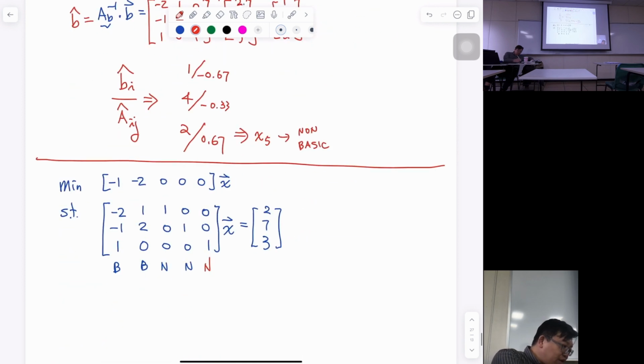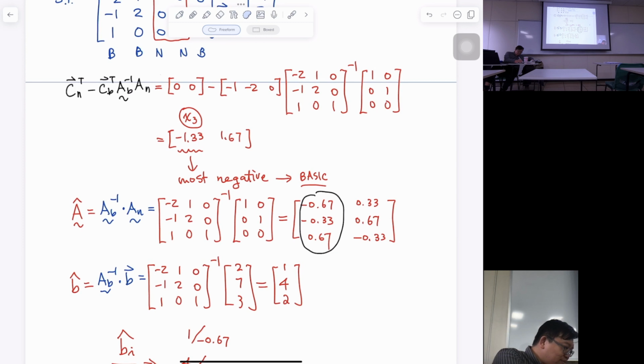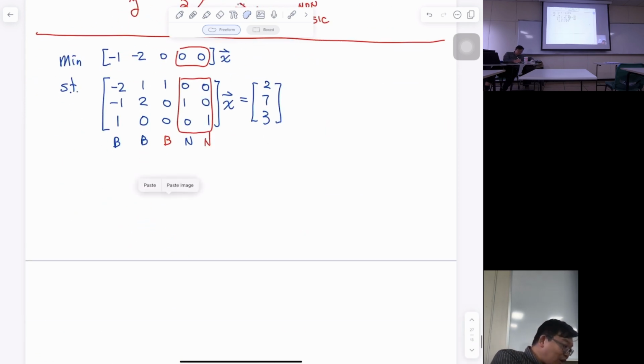The third one becomes basic. So it's easier for you to pick up the matrices. I don't need this anymore. Let's do this. Copy. Almost done with today.